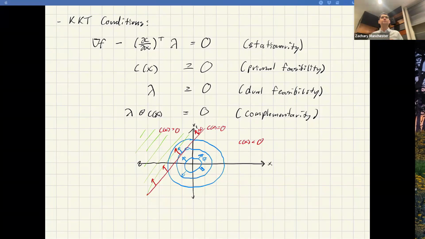Lambda is exactly 0. Well, if lambda is exactly 0, that means you're in the feasible region and the constraint's inactive, usually, right? We talked about this last time, but let's talk through it again. What this whole complementarity thing is encoding is that either lambda or C has to be 0. One or the other always has to be 0.